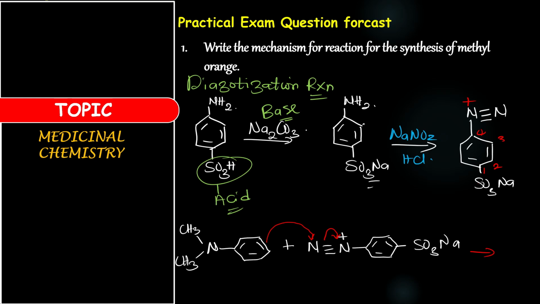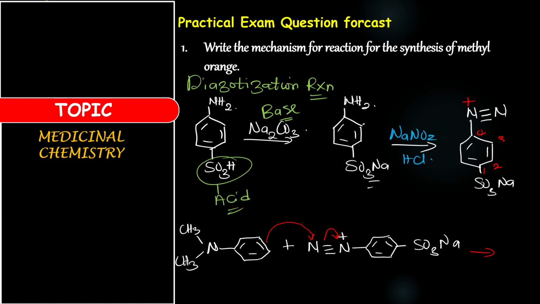But at the end of the day, what we are going to have will be something different. This ring here will still be present. It's more like an aromatic substitution reaction. Here this one will substitute one hydrogen and then attach itself. Alright, but we don't want to go into those very long mechanisms.